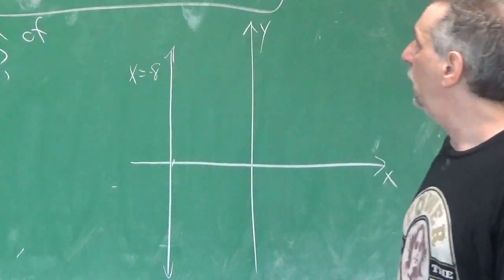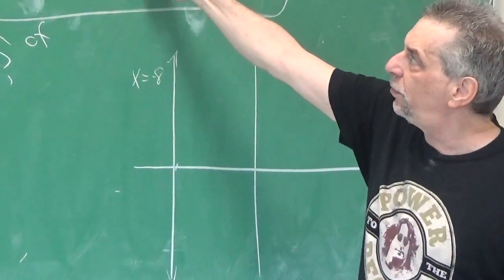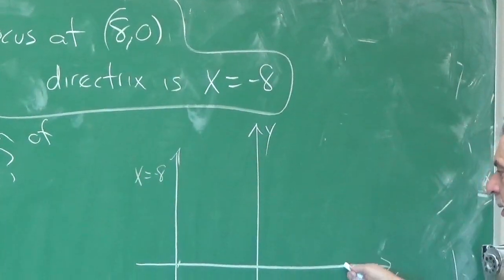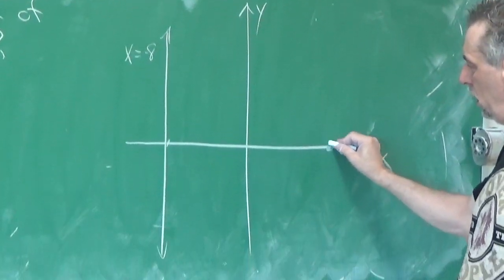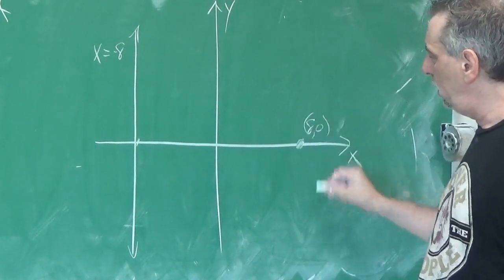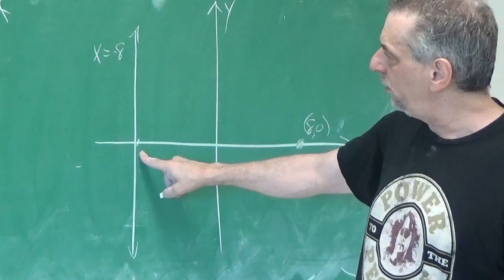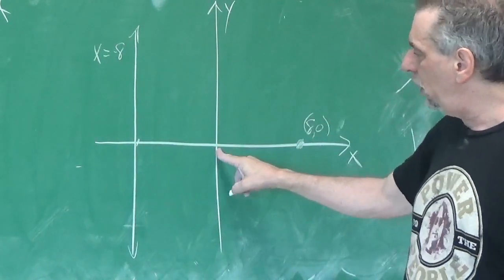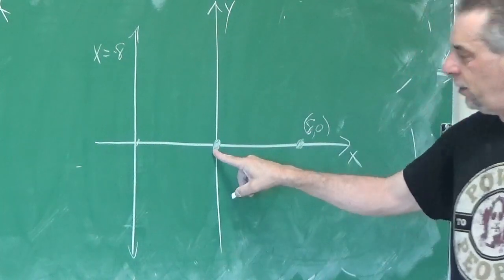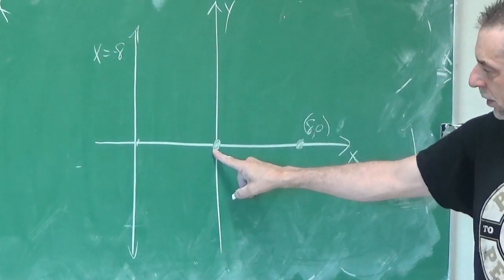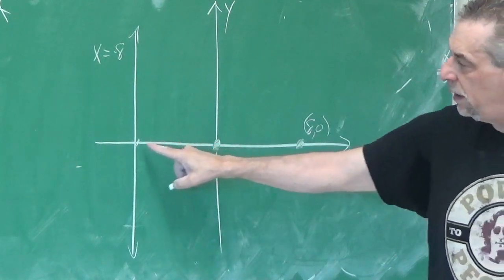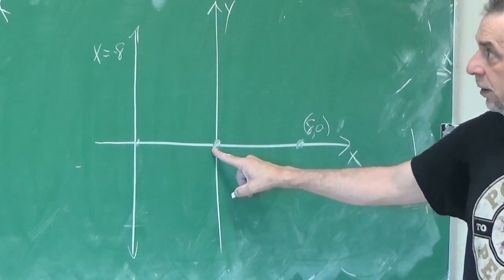So this now gives us the rest of the information we need. The focus is at 8, 0, so that's over here. So if the focus is here at 8, 0, and the directrix is over here at negative 8, we know we have a parabola centered at the origin, right? Because it's the same, vertex at the origin. Because the focus is always the same distance from the vertex as the directrix is.